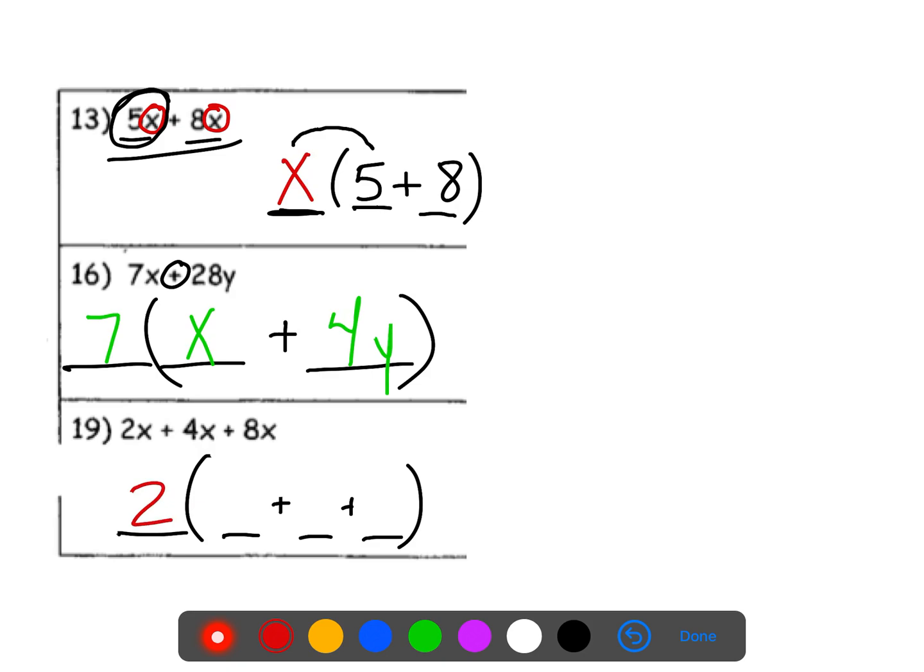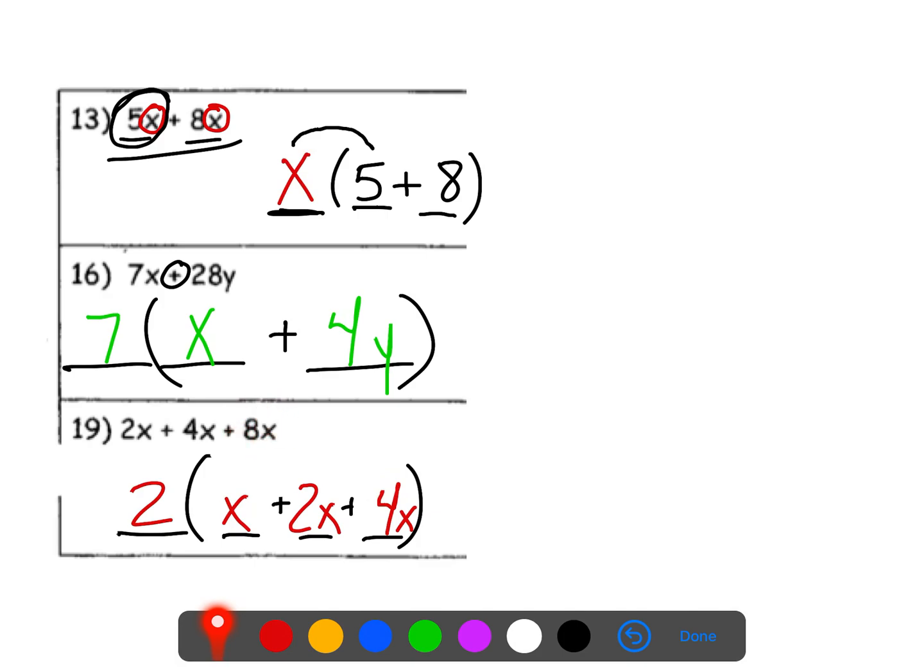And then what am I going to multiply that by here on the inside? Well, I need to get 2x as my first term, so 2 times x would start us off. Then I need 2 times 2x, because 2 times 2x is 4x, and then 2 times 4x for the last term, because 2 times 4x is 8x.